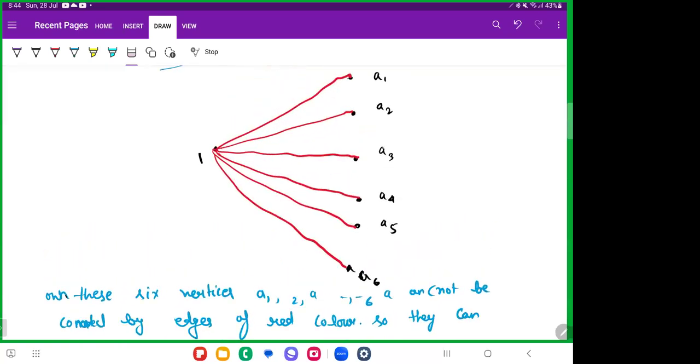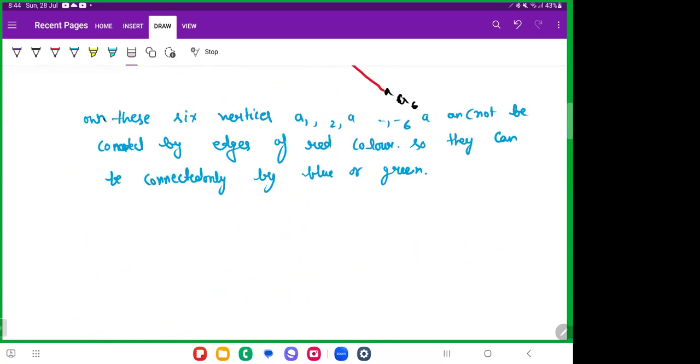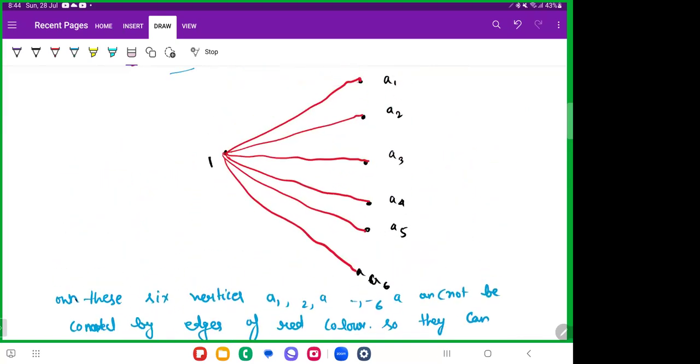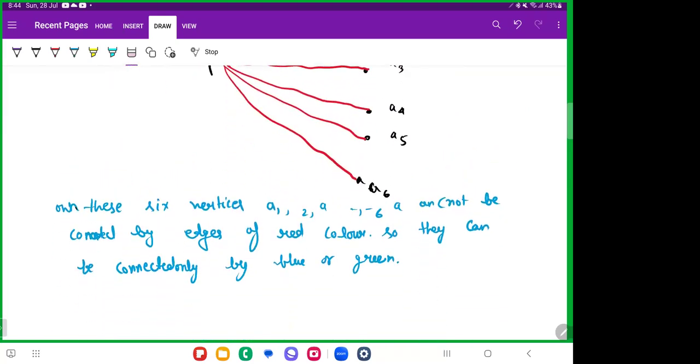You have six vertices and two colors. They cannot be connected by red color, right? If they are connected by red color, you will get a monochromatic triangle already. Now I am saying that they are not connected by red color. This is clear, right? Please respond. Is this clear?